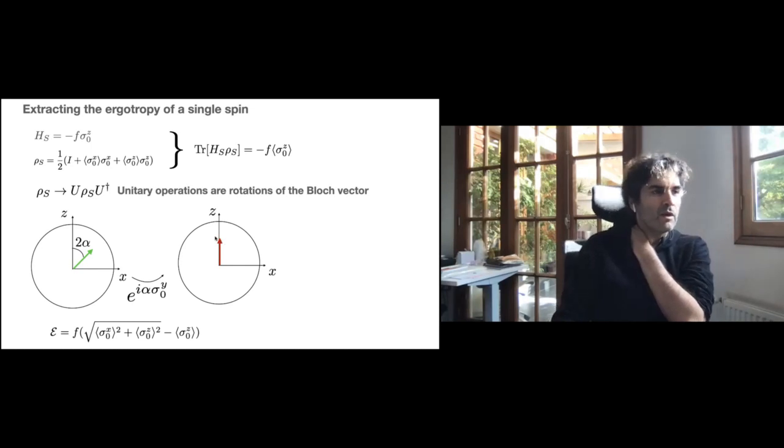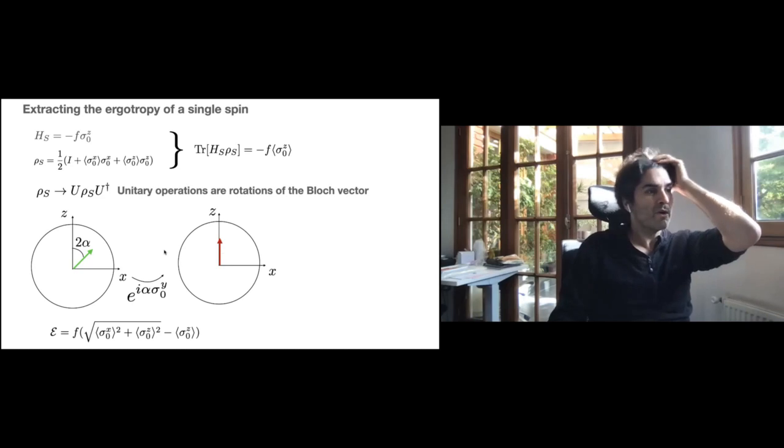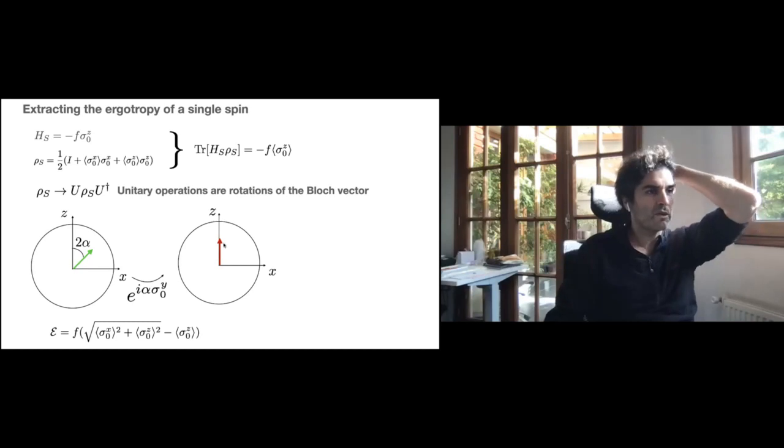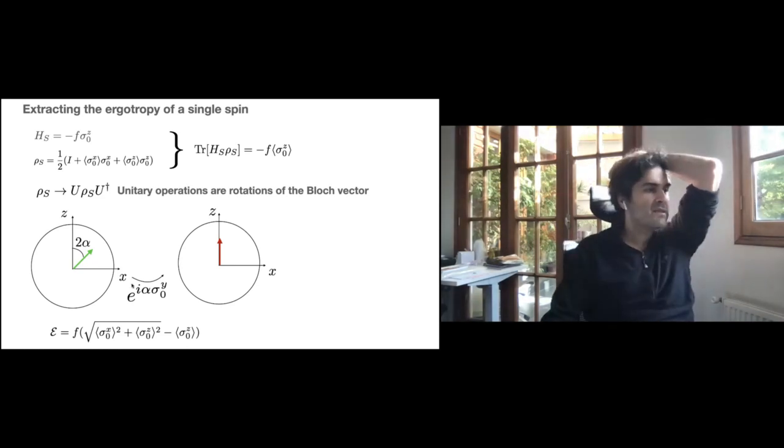Now the energy of the passive state will be smaller than the energy of the active state because of this minus sign here, and because the theta component of this vector is larger than the theta component of the green vector. So this is the ergotropy, the extracted energy, which is positive. And this is the unitary that rotates the vector, and therefore is the unitary that extracts the ergotropy.